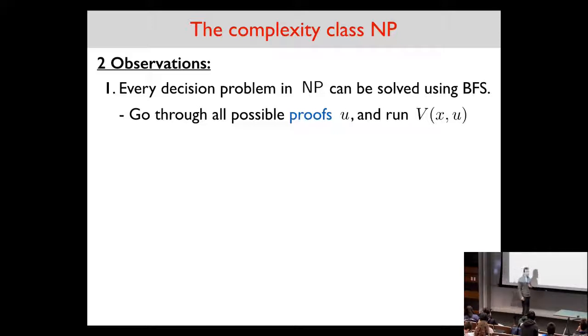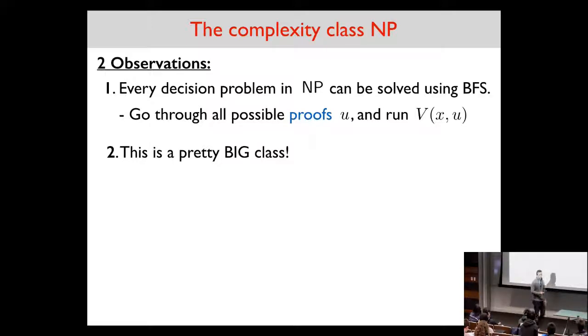Why is that the case? We've already discussed this. You can just go through all possible proofs u and run V on x comma u. If one of these proofs leads V to accept, you accept. If you go through every possible proof but none of them led V to accept, then you reject.